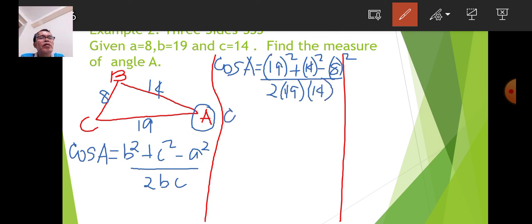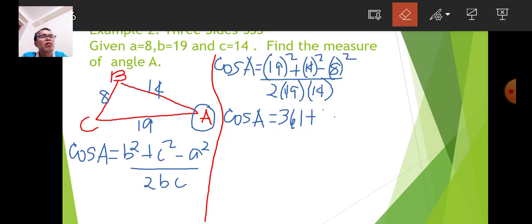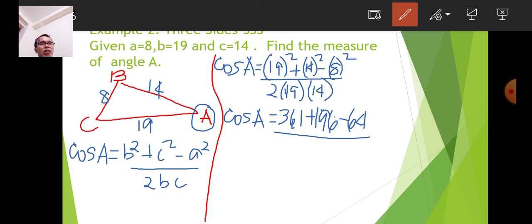So cosine A is equal to the square of 19 is 361, plus the square of 14 is 196, minus the square of 8 is 64, over 2 times 19 times 14, you will have 532.